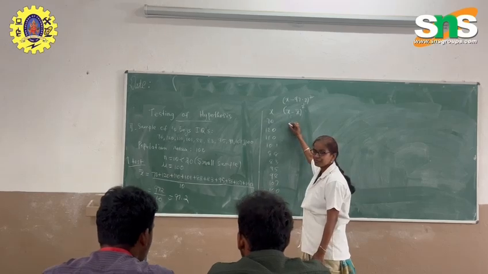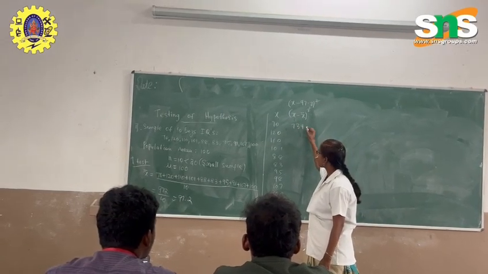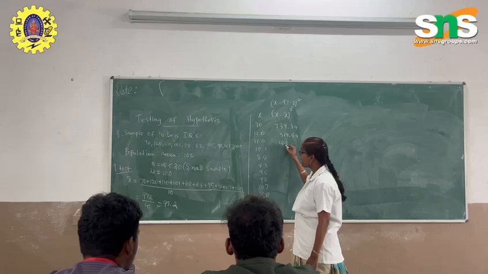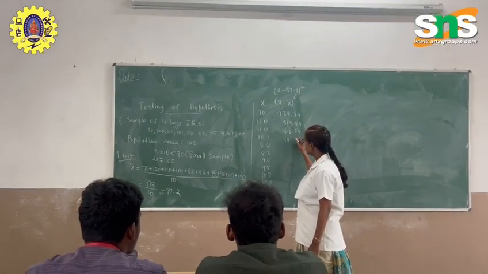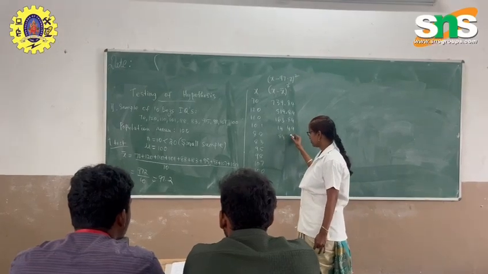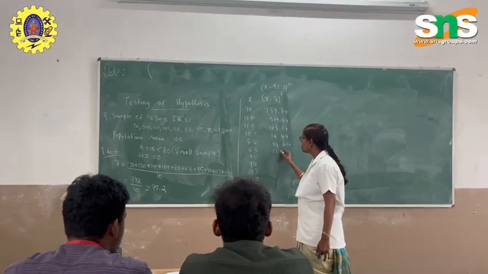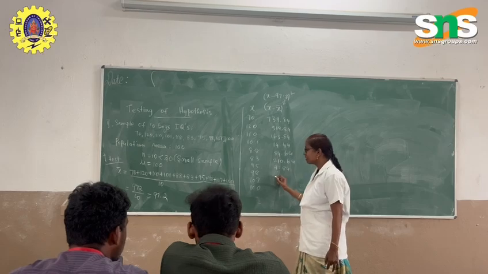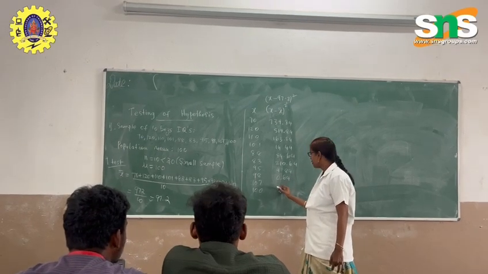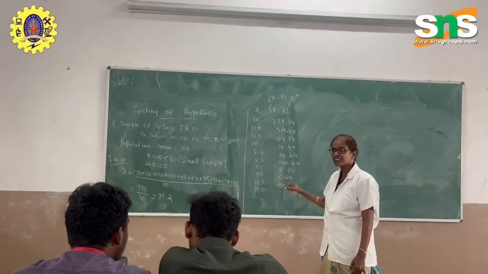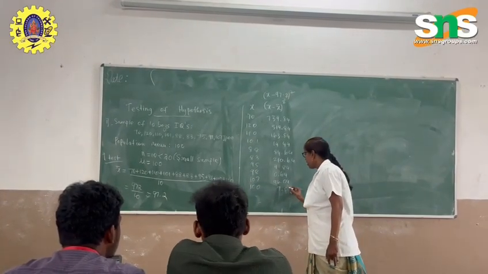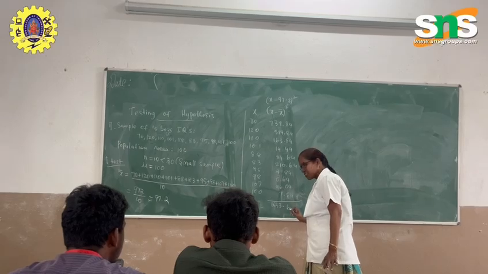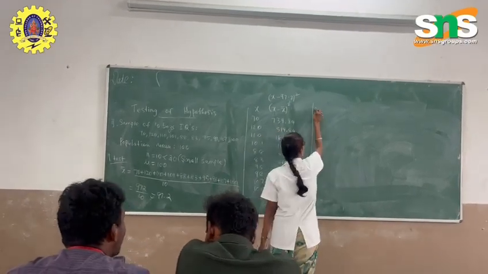Now tell me the answer. 739, 519.84, 163.84, 14.44, 84.64, 210.64, 4, 0.64, 96.04, and the last one is 7.84. Now find the total, which is 1833.6.